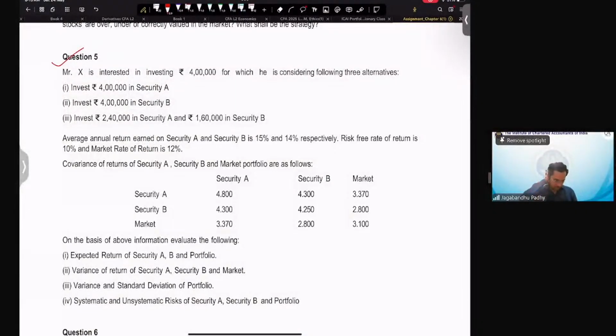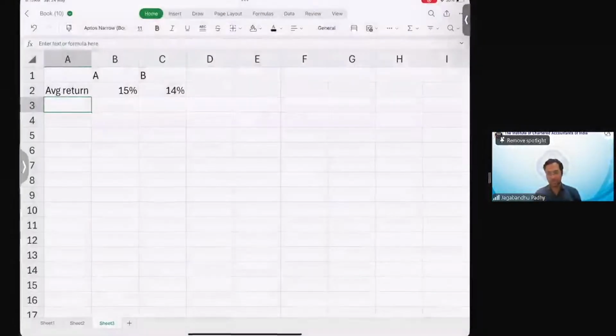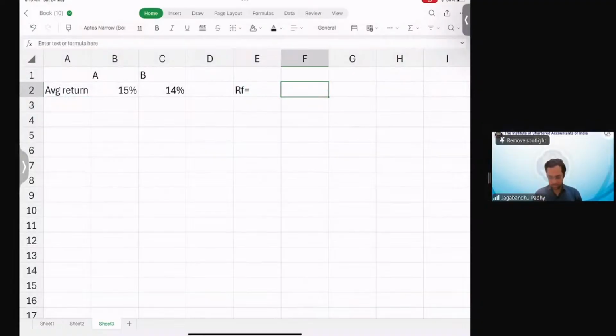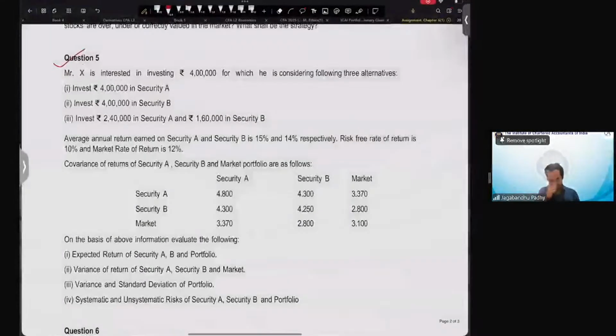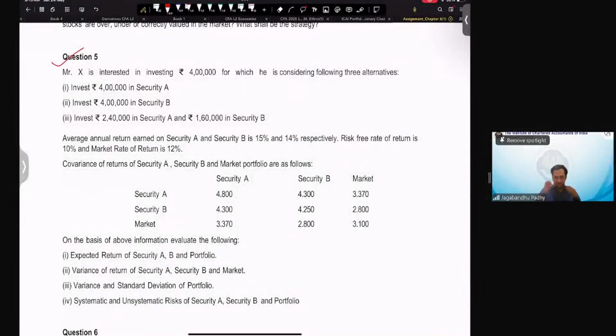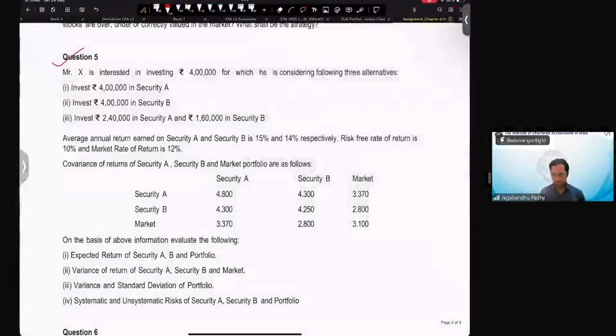The risk-free rate of return is 10%. The market rate of return is 12%. Covariance of returns is given. That we'll use later.